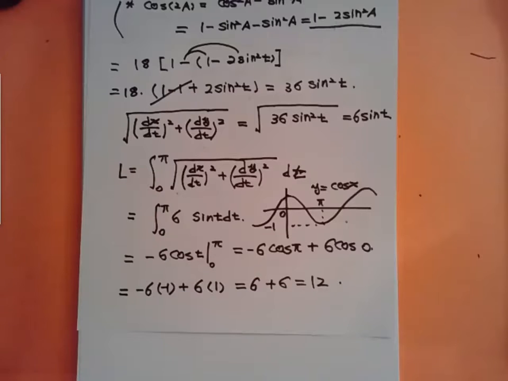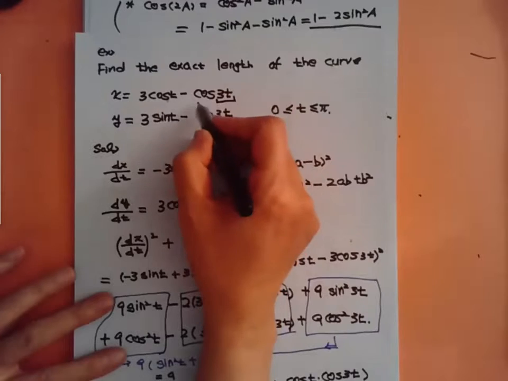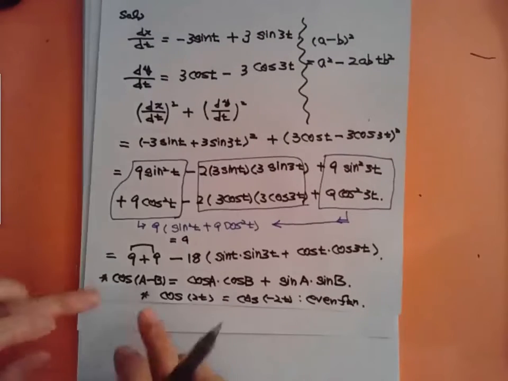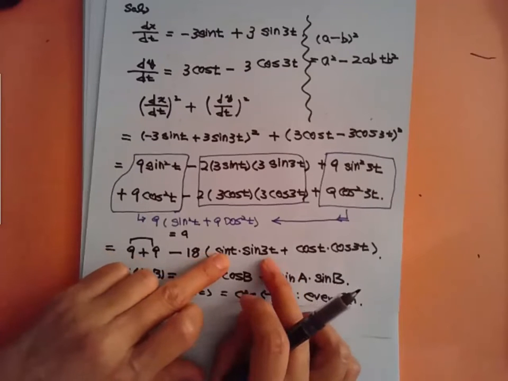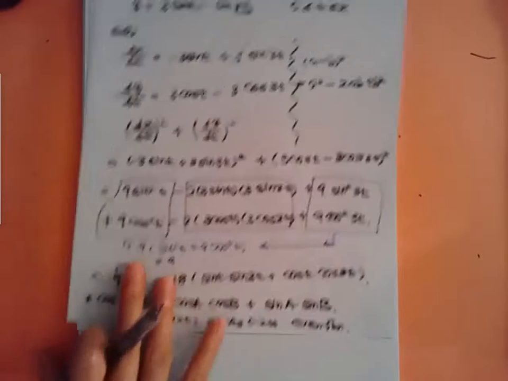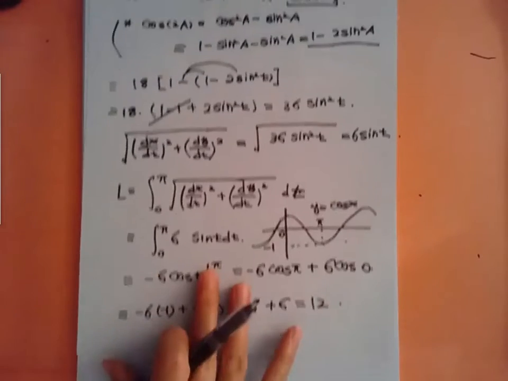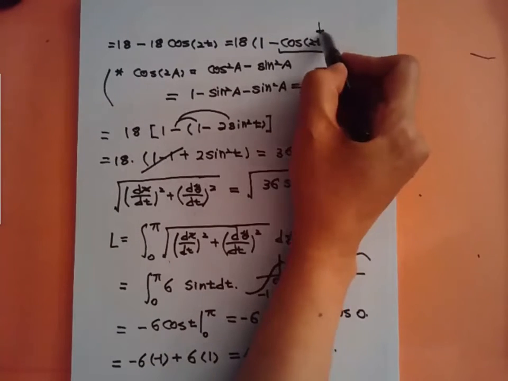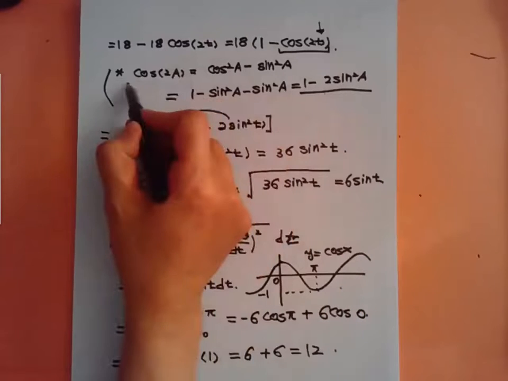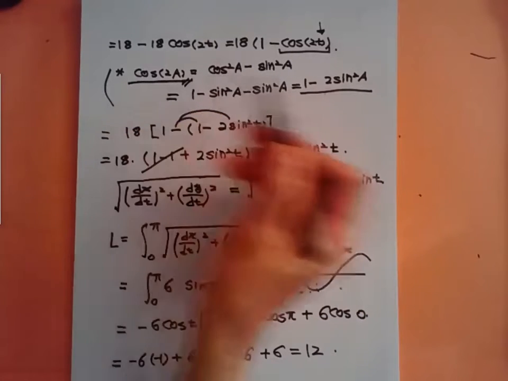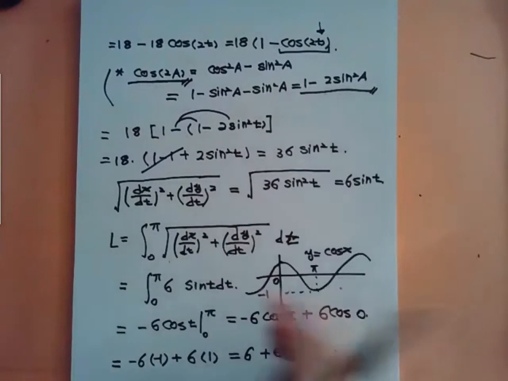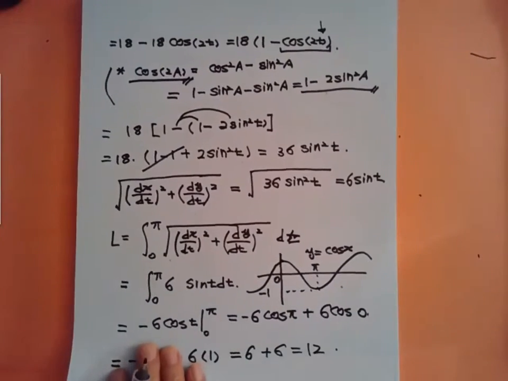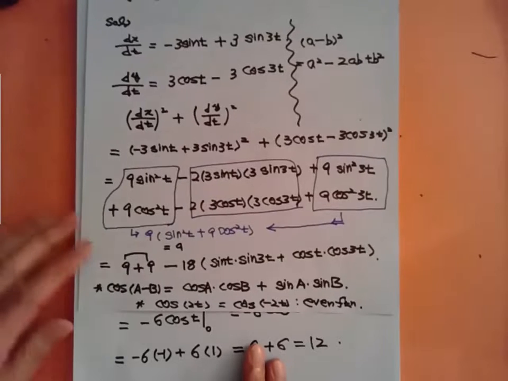There was cosine and sine 3t, but when we apply this formula, we thought about the difference between two angles, and that is 2t, right? And so we end up getting 2t. However, we used this double angle formula for cosine again, so the double angle became just an angle. Could I see that one more time on the last page? The trig formula you used, the cosine of a minus b. Yeah. Perfect. Thank you.